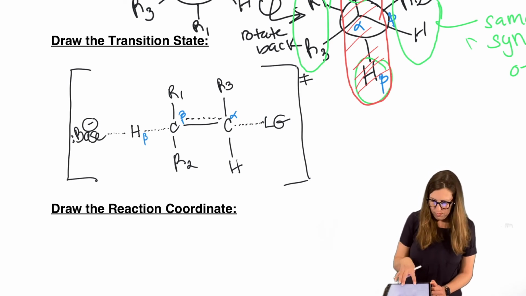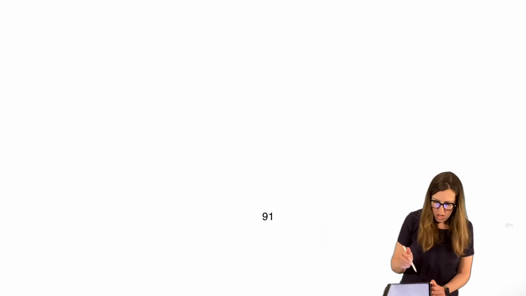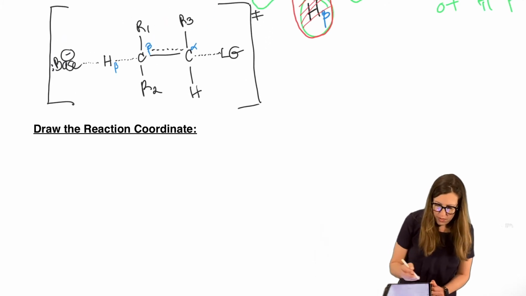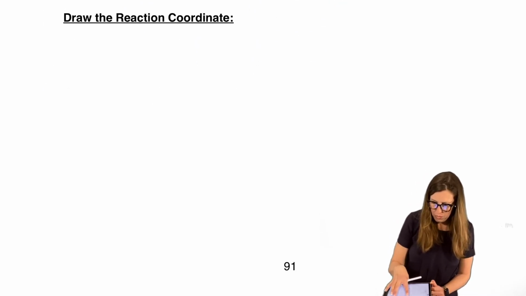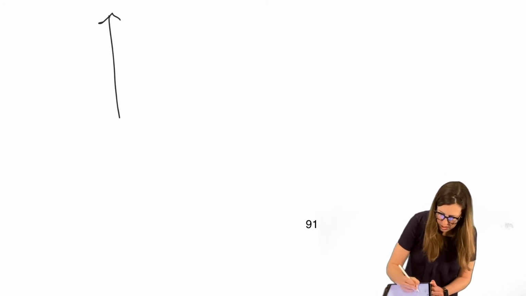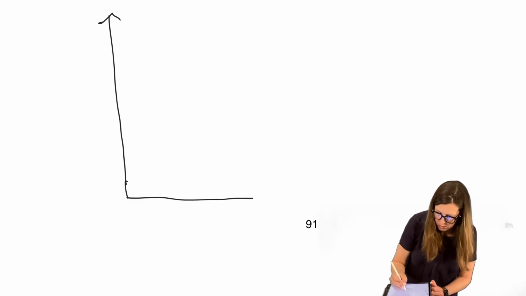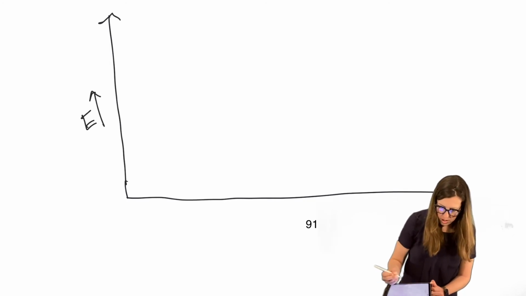All right. Reaction coordinate, that means we're ready to fill that in. This will be TS, and I'm going to abbreviate that on the plot so you don't have to draw it over and over again. So a generic reaction coordinate will look like this. Just like before, energy.